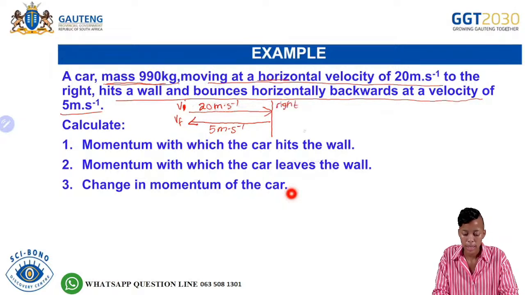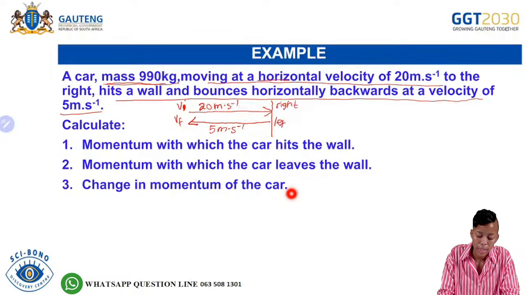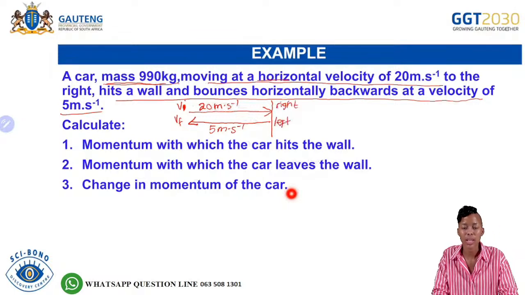After it hit the wall, it was moving at 5 meters per second. They said it moved backwards. If initially it was traveling to the right, and it moves backwards, the direction will therefore be to the left.